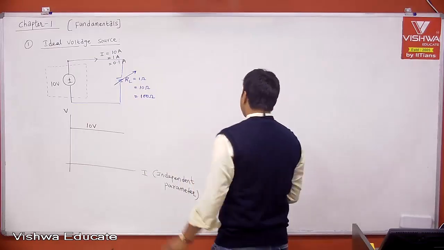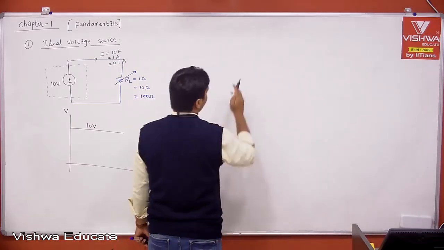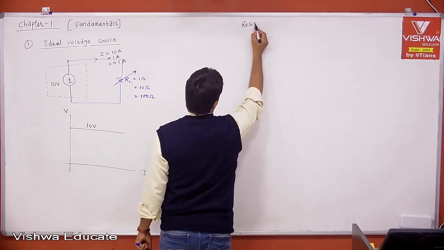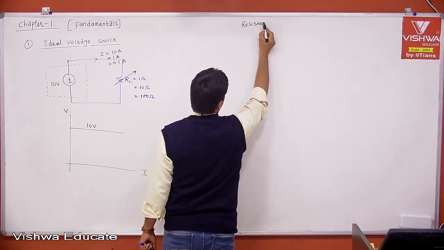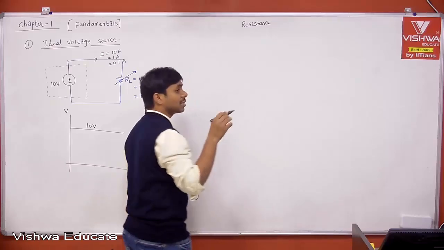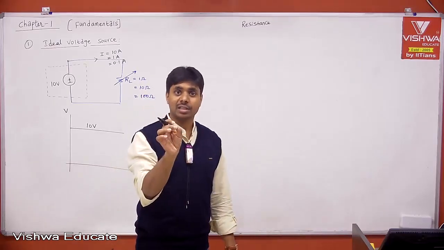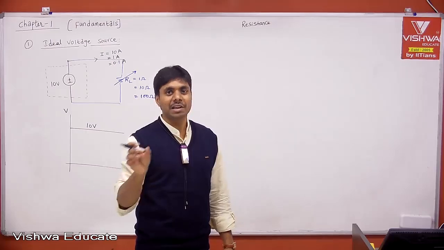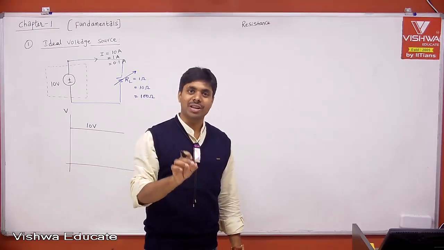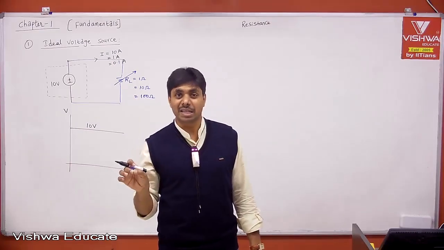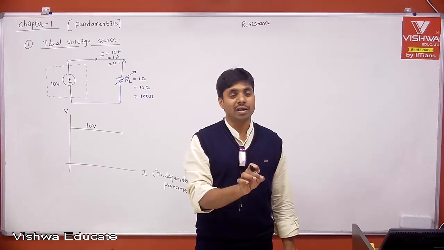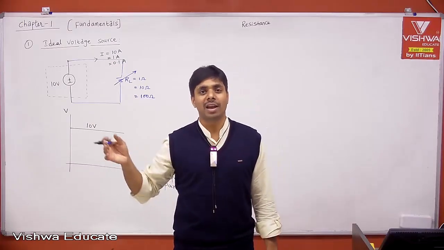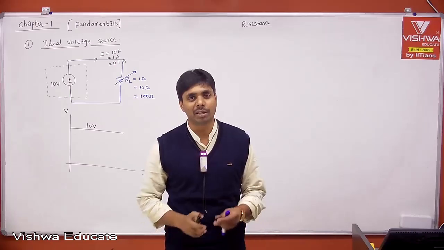When I speak about resistance, it could be the resistance of your voltage source, current source, resistor, inductor, capacitor, PN junction diode, BJT, JFET, MOSFET, UJT, etc. You take any element.